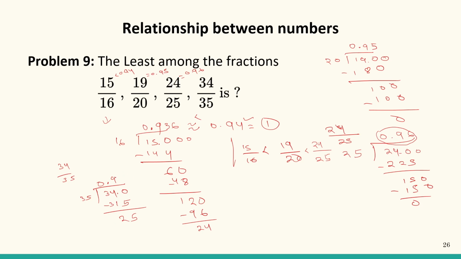If we put another 0 here, 35 into 7 is 210 plus 35, so 245. The remainder is 0, so this value is 0.97. So this is less than 34 by 35.